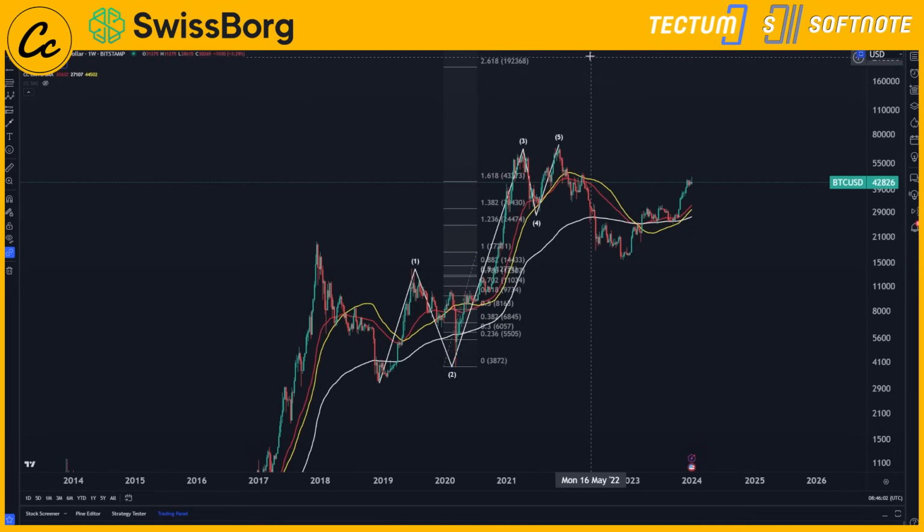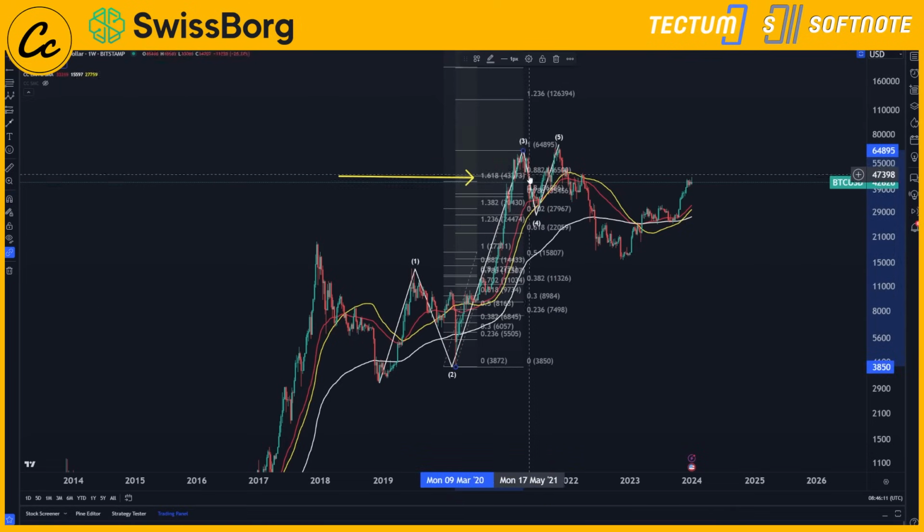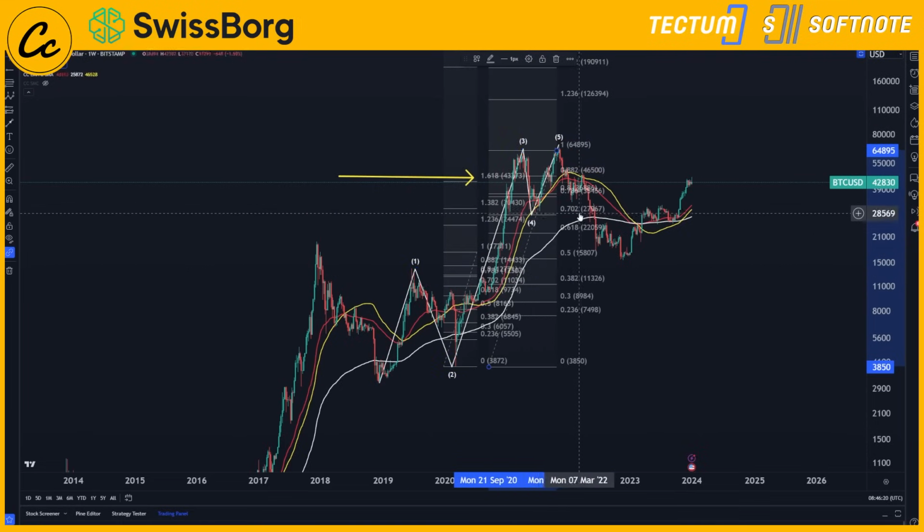We have a wave 3 that rallies up higher than our 1.618, and then we have a wave 4 that comes down, and the wave 4, if I draw in the next fib chart here, comes down to 38.2. I think it's actually a little bit deeper than that. Let me just check. Just pull that across. It comes down to the 702, another key area for the Fibonacci retracement tools.